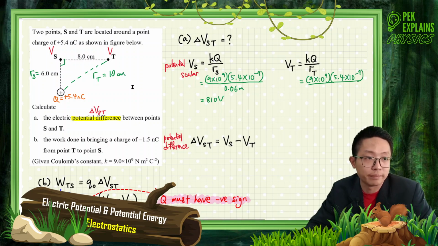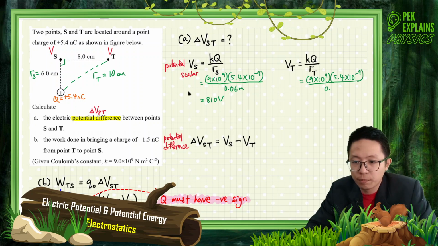So simple, isn't it? My distance is divided by 100, so 0.1 meter. So what is the value? It is positive 486 volt.